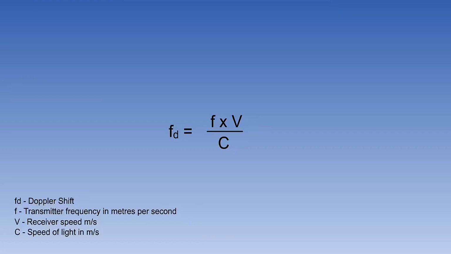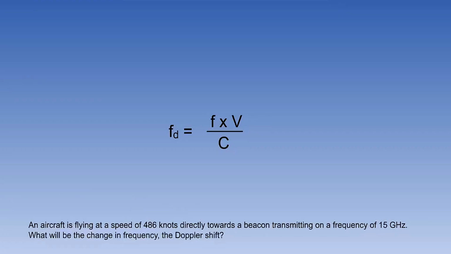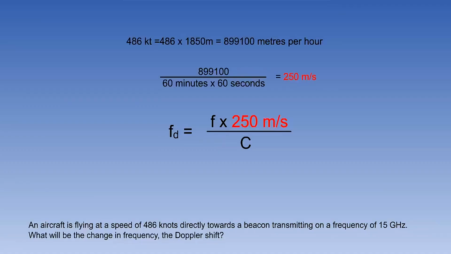For example, if an aircraft is flying at a speed of 486 knots directly towards a beacon transmitting on a frequency of 15 GHz, what will be the change in frequency, the Doppler shift? Convert everything into units per second.